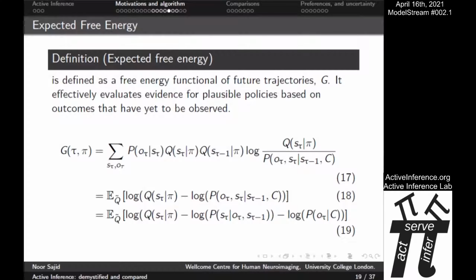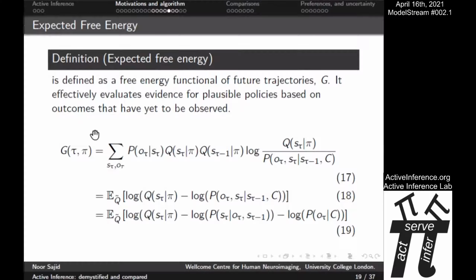There are two heuristics introduced here in order to get to the G formulation that we see in equation 17. The first one is to include beliefs about future outcomes in the expectation. That is, we're supplementing expectation under the approximate posterior with the likelihood here, which results in a predictive distribution given by these first two terms.